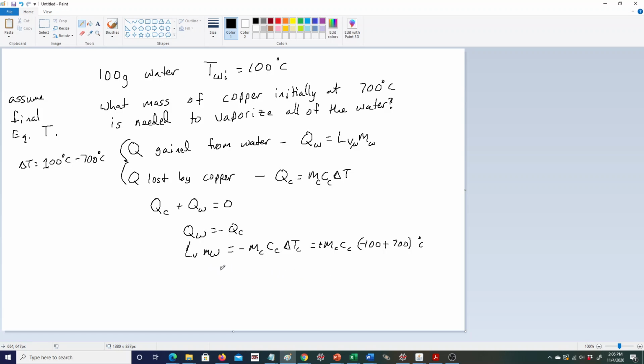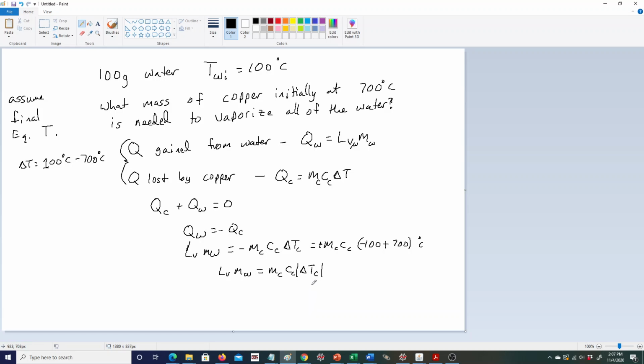And so we have the latent heat of vaporization times the mass of the water is equal to m c_c delta T.